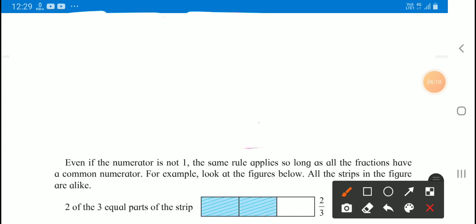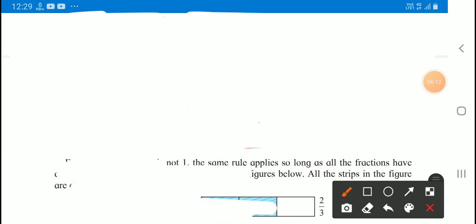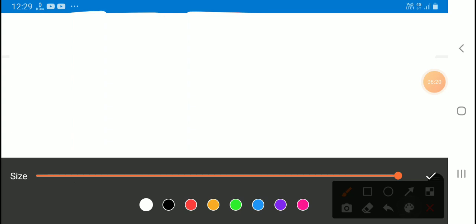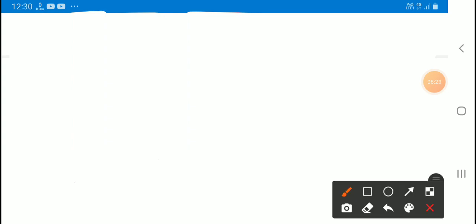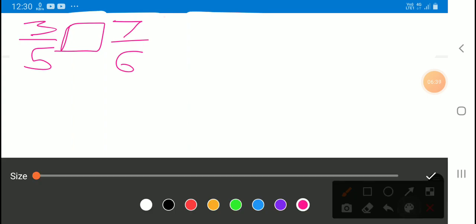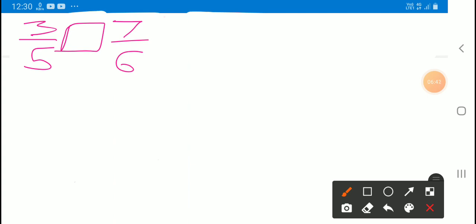Again I will make more place here by rubbing this downside section also. Okay. Now I will take the example. We have to compare the fractions 3 upon 5 and 7 upon 6. Okay. You can see here these fractions are unlike fractions because their denominators are not equal. So first of all I have to convert these unlike fractions into like fractions. So I will convert it.